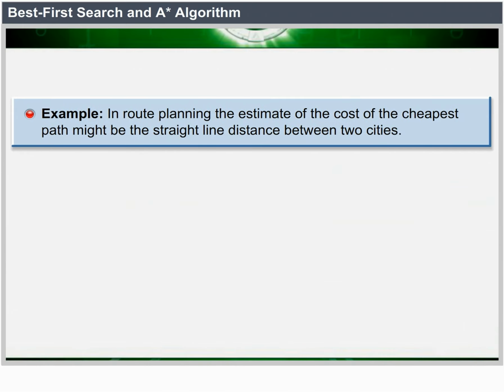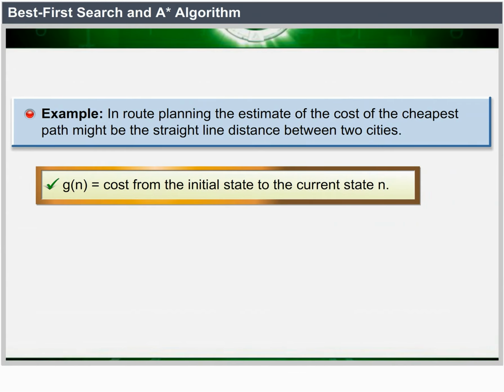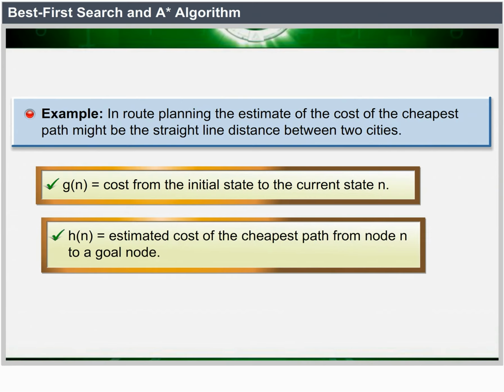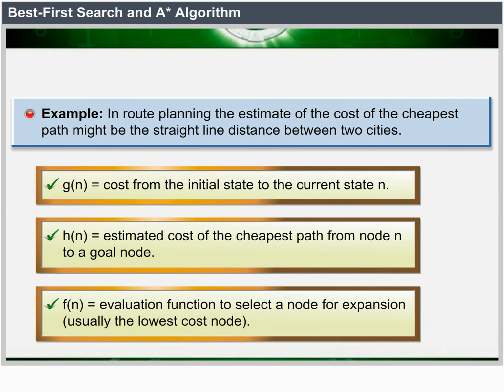Example: in route planning, the estimate of the cost of the cheapest path might be the straight line distance between two cities. g(n) is the cost from the initial state to the current state n. h(n) is the estimated cost of the cheapest path from node n to a goal node. f(n) is the evaluation function used to select a node for expansion, usually the lowest cost node.